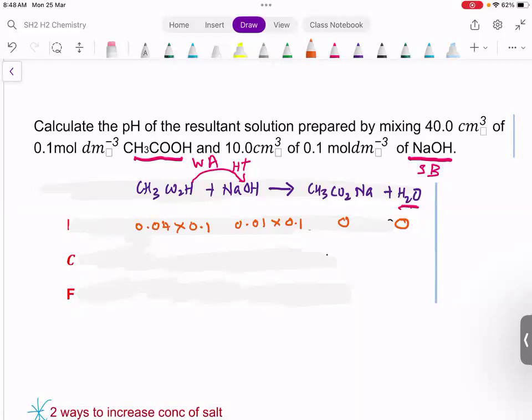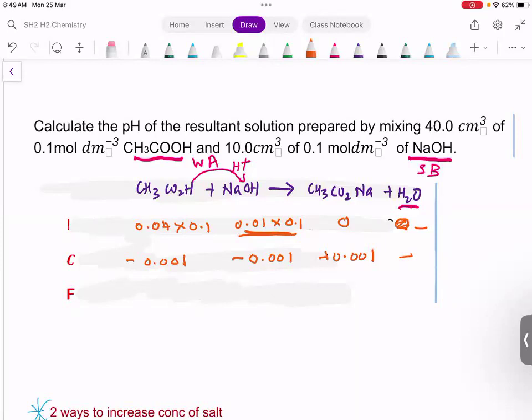Who is in excess? The weak acid is in excess. So the sodium hydroxide, which is limiting, will be completely reacted away. Agree? The one that is limiting will be completely used up, right? So the same amount of weak acid is used up as well. They react 1:1, right? Then this will be how much of the salt that is formed. Then of course this one we don't need to care about. Water is the medium, negligible change.